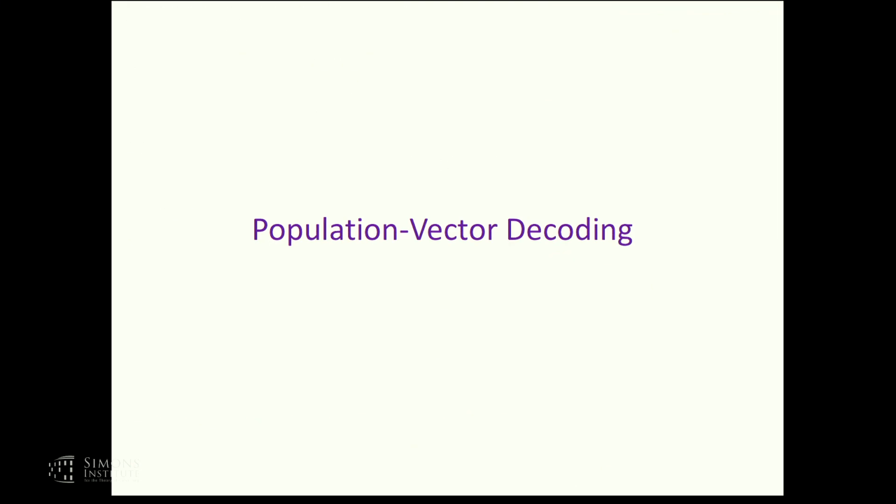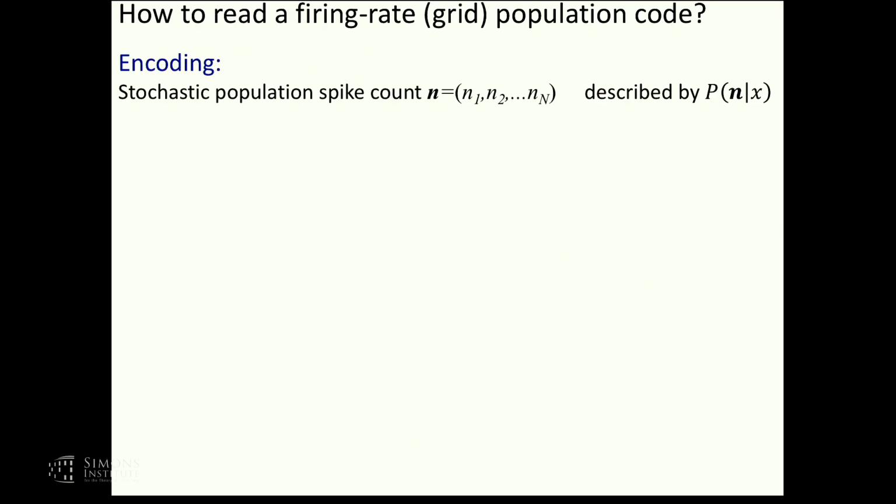And in order to address these questions, we have to think about what does it mean to encode, what does it mean to decode. And so we think about a stochastic population spike count within some spike count window. The whole population, n neurons, and their spike counts from the first to the nth neuron are given by some probability of generating this population spike count given the position of the animal.